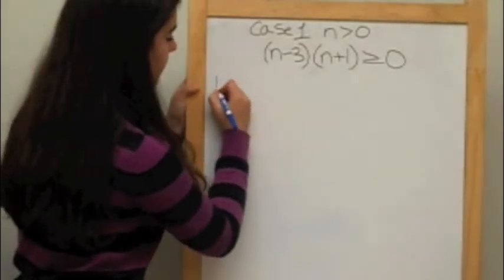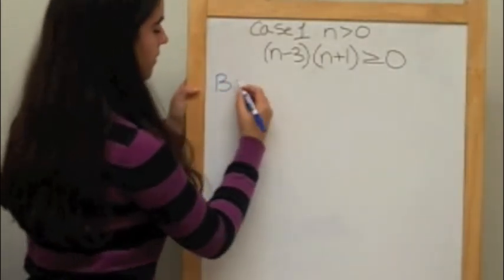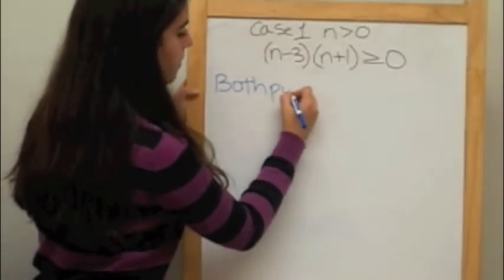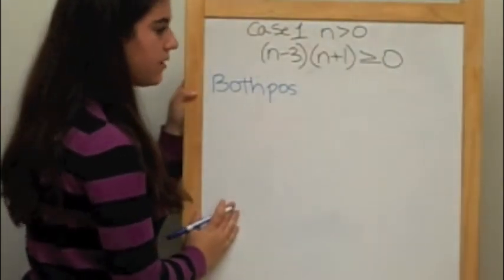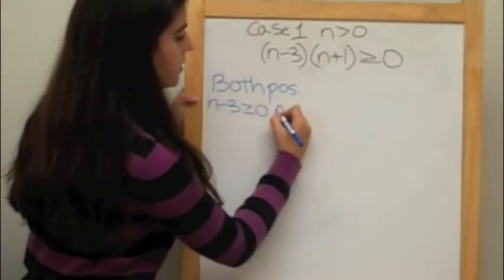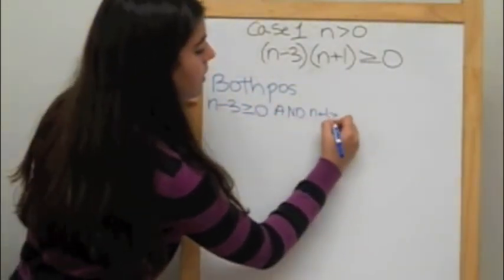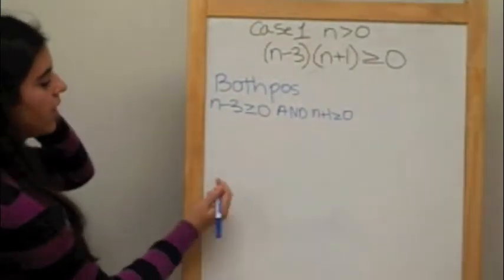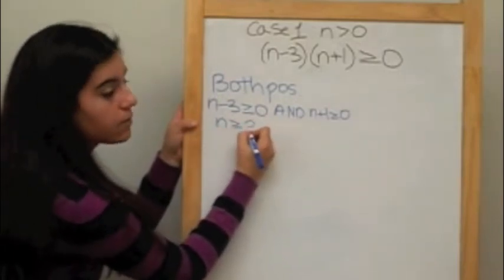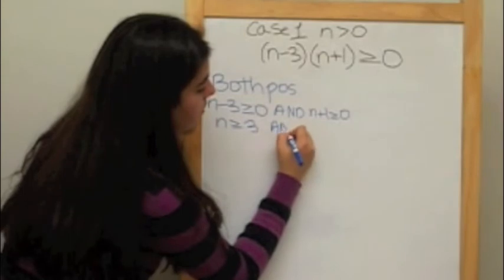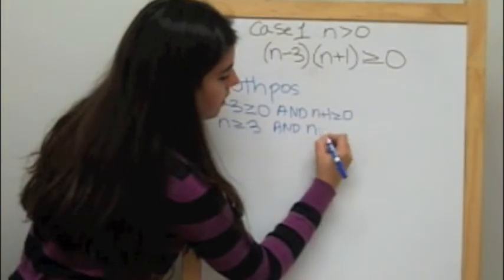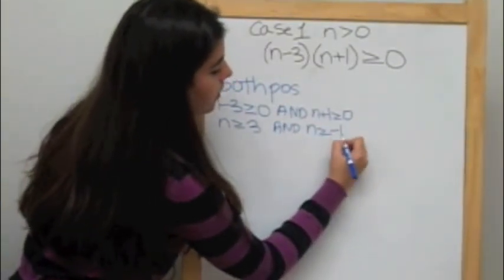So the first would be if both n minus 3 and n plus 1 are greater than or equal to 0. So we can simplify this by adding 3 to both sides to get n is greater than or equal to 3, and by subtracting 1 from both sides, we can get n is greater than or equal to negative 1.